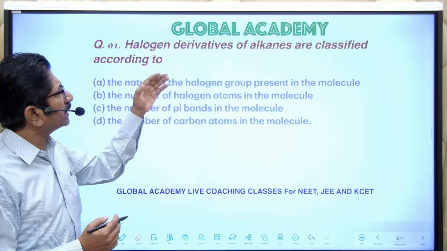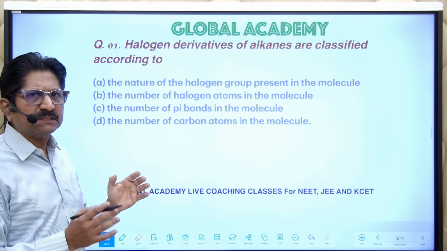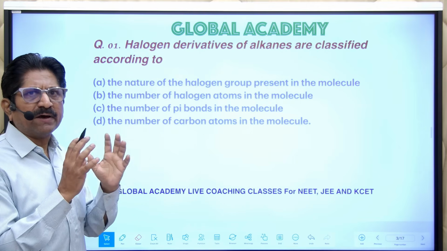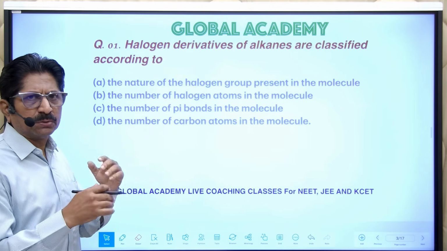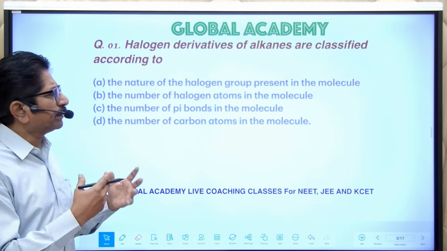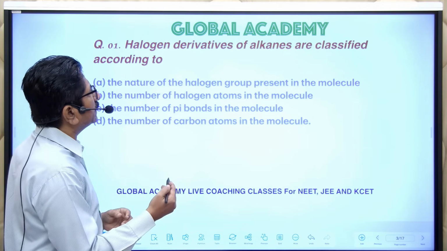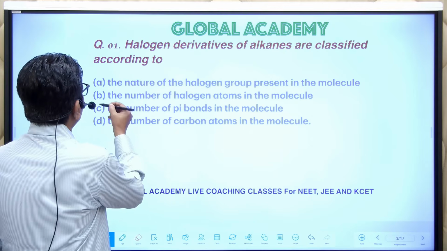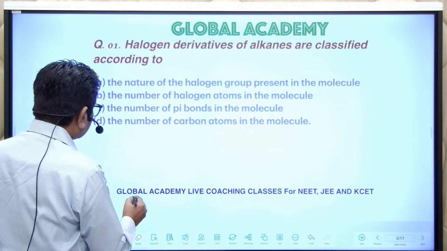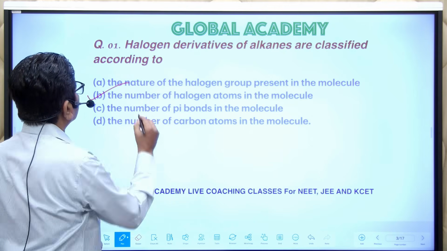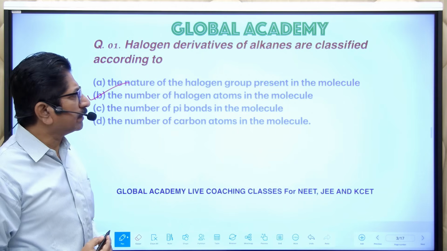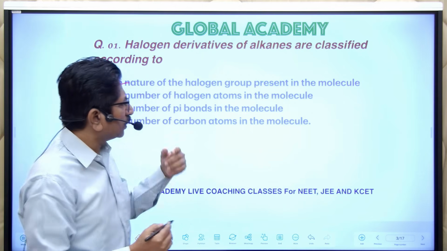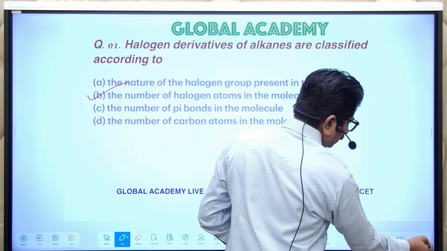Generally, the classification is based on the number of halogen atoms in the molecule. How many halogen atoms are present? Based on that, they are classified. So option B is the right option. That's question number 1.